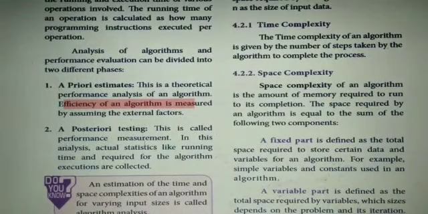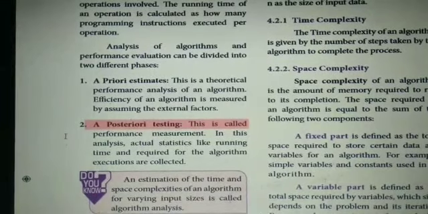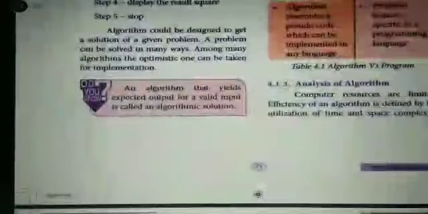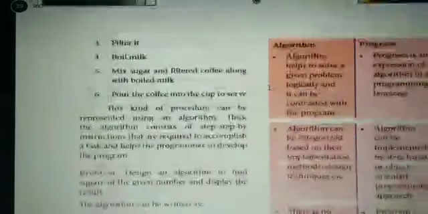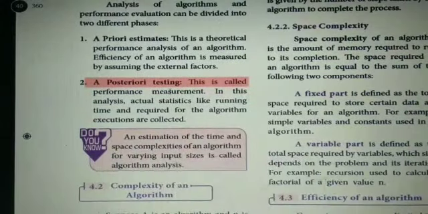Now the next one, posteriori testing. This is called performance measurement. The priori one is performance analysis; this one is performance measurement. After developing an algorithm, we do practical work. While doing practical work, we know very well how much time it takes to complete the task and what resources we used. So that is posteriori testing.